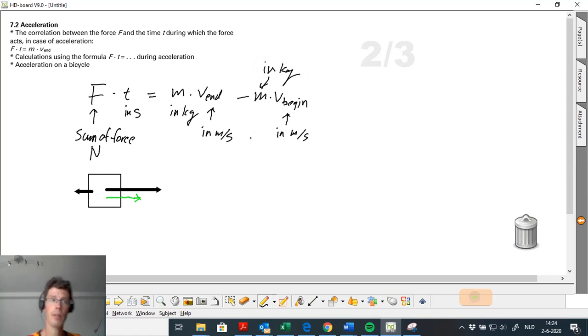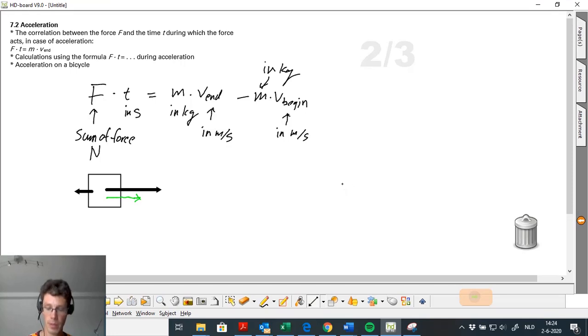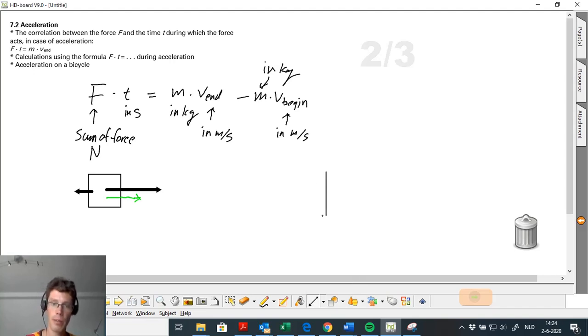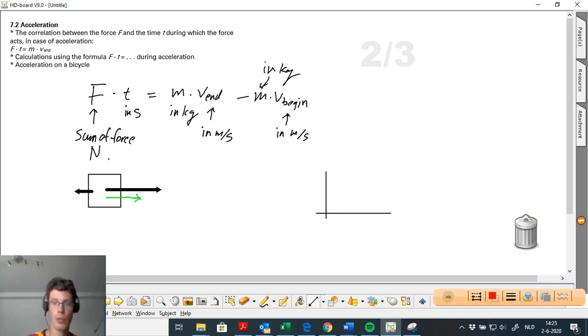When you are accelerating an object that is standing still at first and then starts moving quicker and quicker, so that would be for an object with a VT graph that looks like this. 0 at first and higher later on.